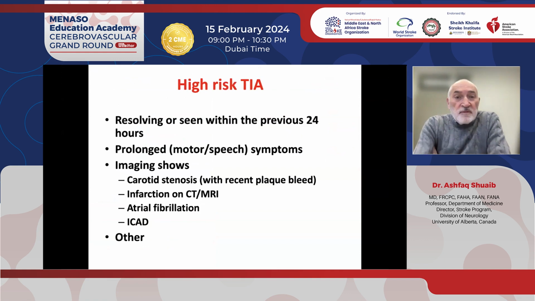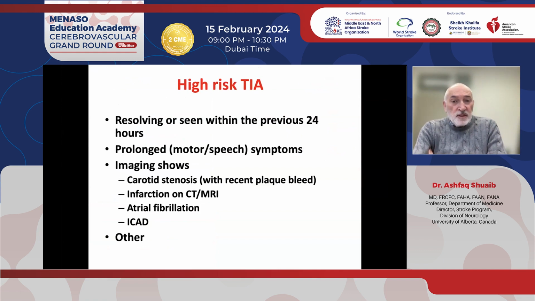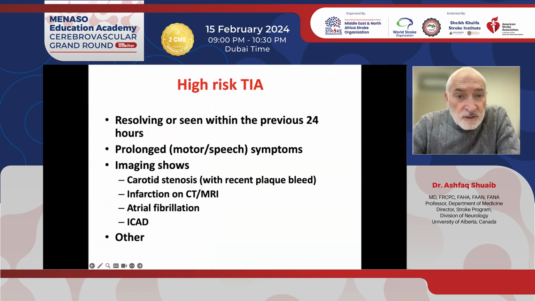So symptoms resolving within 24 hours are TIA. Symptoms that don't resolve are a stroke, motor, speech, and we've added now, if imaging shows severe stenosis in an ipsilateral symptomatic artery, if your imaging shows a new infarct, if the patient has atrial fibrillation or evidence of intracranial atherosclerosis.